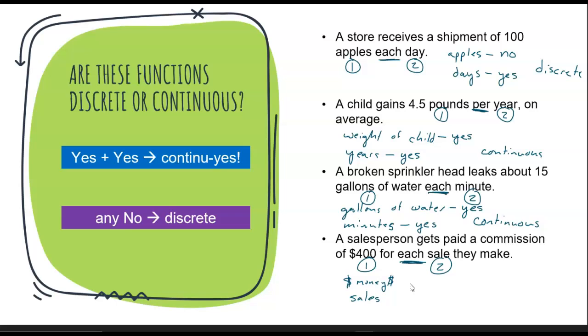Okay, can you have half a dollar? Sure, that's 50 cents. Can you have a quarter of a dollar? Yes, that is a quarter, 25 cents. Can you have a 100th of a dollar? Yeah, that's a penny. How about a thousandth of a dollar, though? What is a thousandth of a dollar?